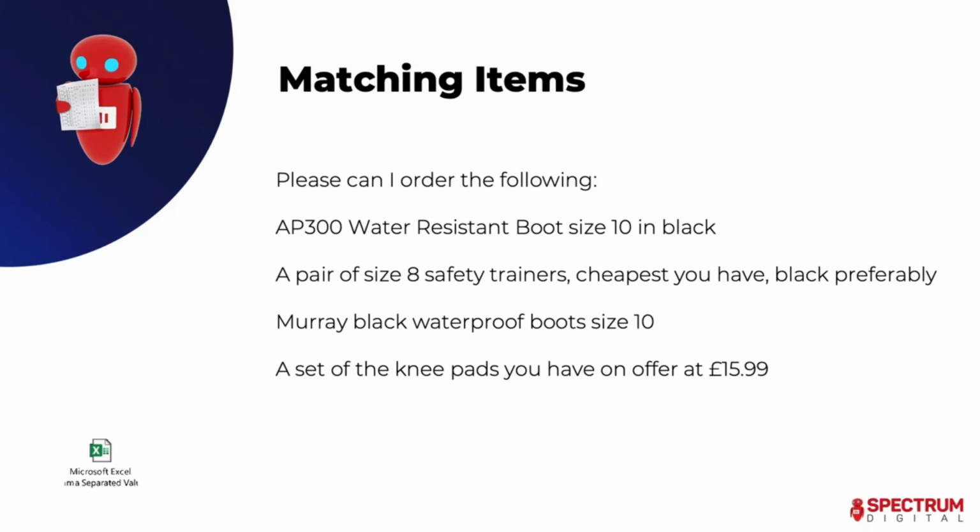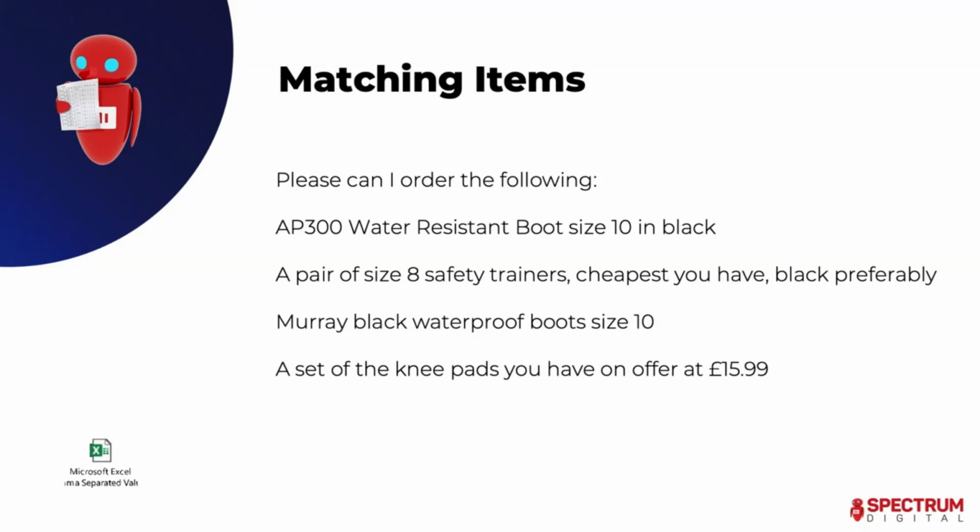So again, this is a very simple example of somebody trying to order some items in natural language. There are 3 or 4 items on there. It's water-resistant boots, and one of the things that's going to be really critical is getting the size correct, as often we have product codes that are different for each size.